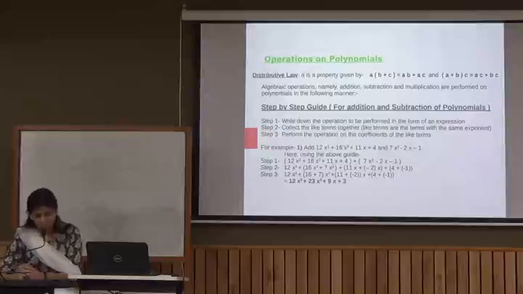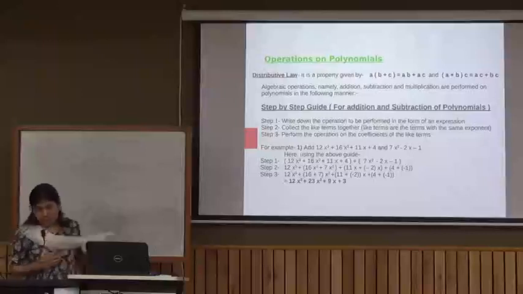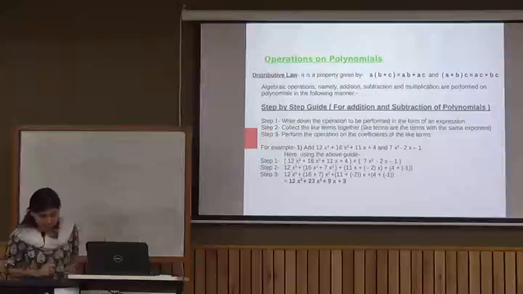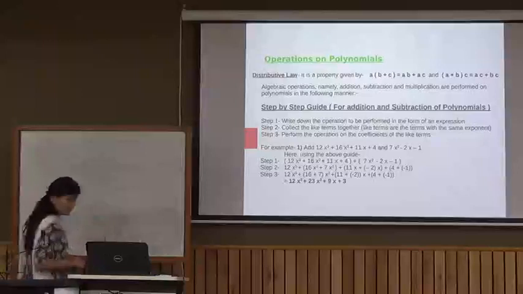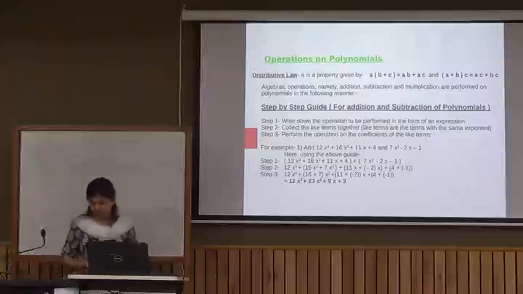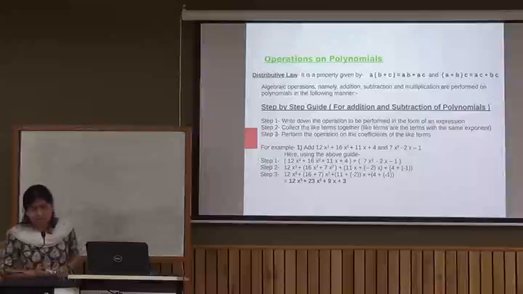Consider adding 12x cubed plus 16x squared plus 11x plus 4 and 7x square minus 2x minus 1. Clearly, both the components are polynomials. Now, as per the step-by-step guide, we first write down the operation to be performed in the form of an expression.